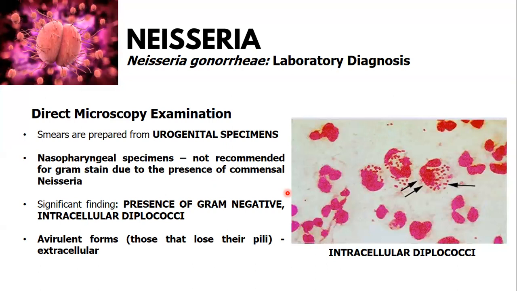Therefore it's only presumptive, and we need to proceed to culture so that we will be able to perform other tests that will help us definitively identify the presence of Neisseria gonorrhoeae from these specimens.